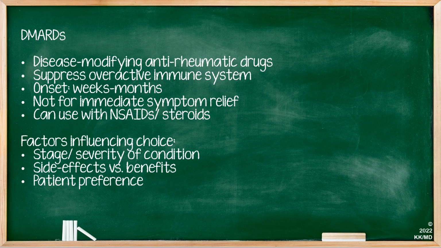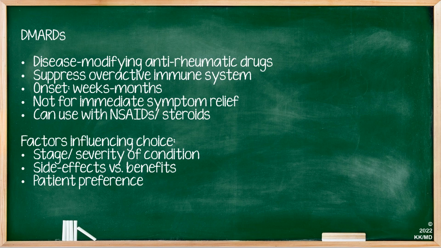So let's talk a little bit more about disease-modifying anti-rheumatic drugs, or DMARDs for short. The aim of these is to suppress an overactive immune system which is responsible for rheumatoid arthritis. They work in a time frame of weeks to months and should not be used for immediate symptom relief.